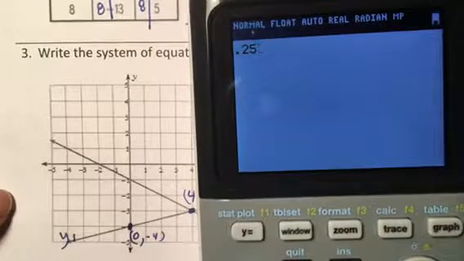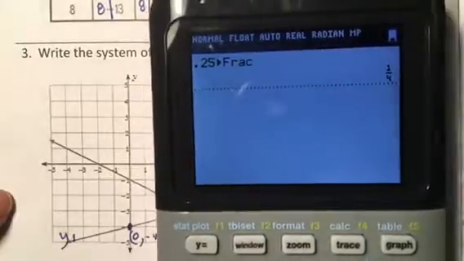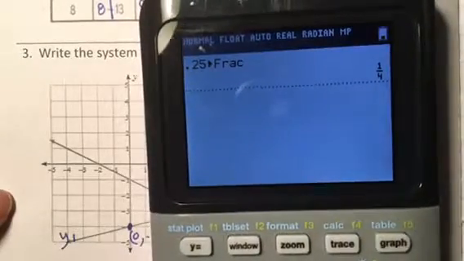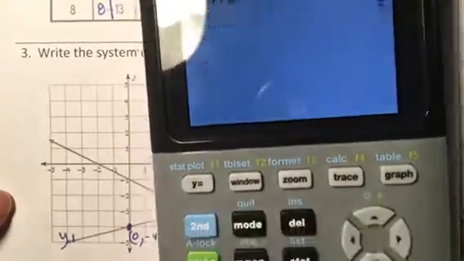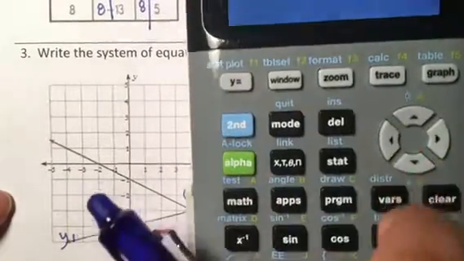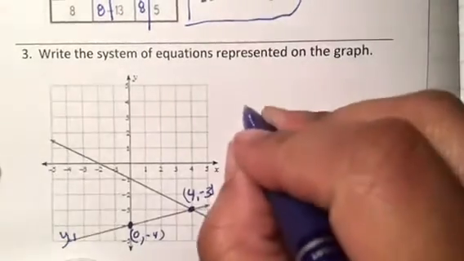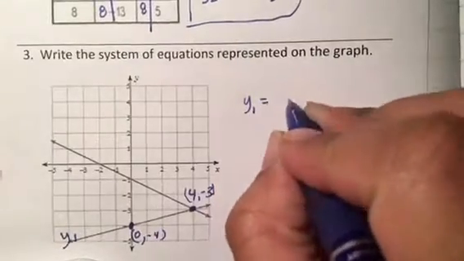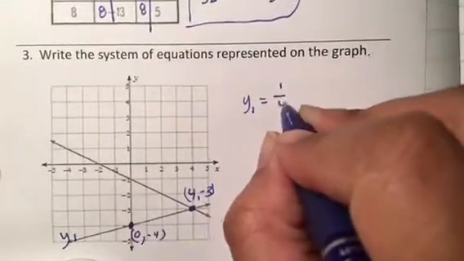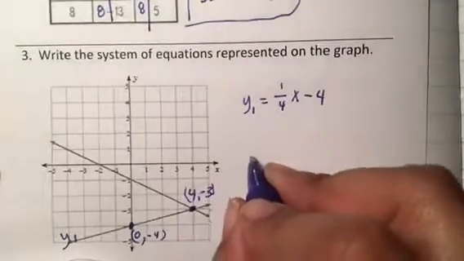So you would just press 0.25 math, enter twice, and it gives it to you as a fraction. So again, you would press math, which is right here, and enter twice. So the equation was y1 equals 1/4 x minus 4.